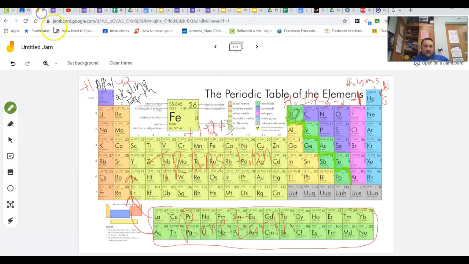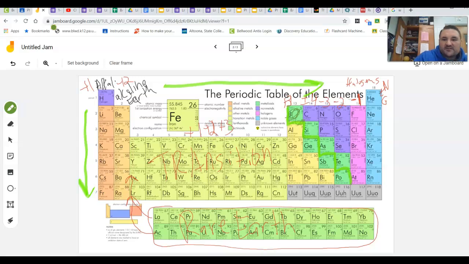Let's do a little quick review here. With the periodic table, as you go down, density goes up, atomic size goes up. As you go across, density goes down and atomic size goes down.